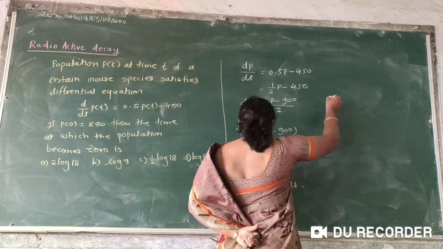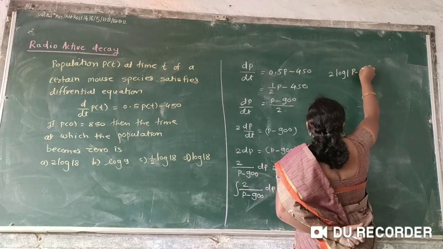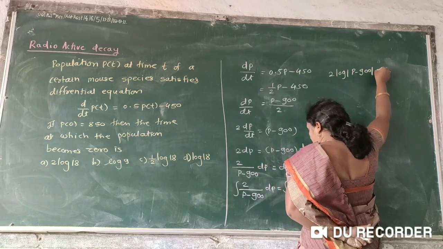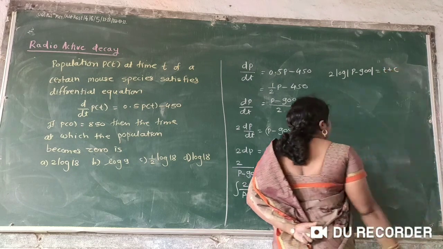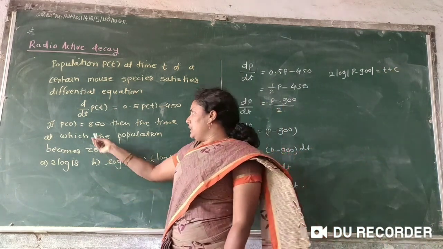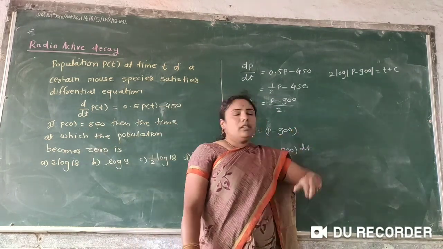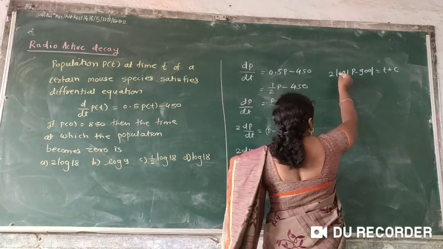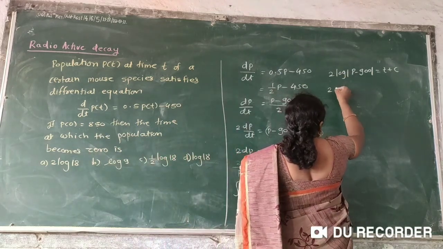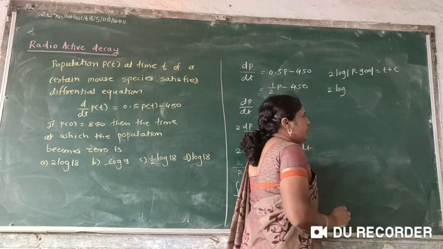Integrating this we get 2 into log mod of p minus 900 equal to t plus integration constant. Given initial value is 850, that is t equal to 0, then we get p is 850.